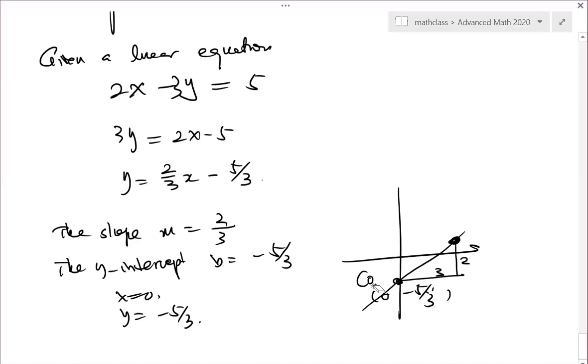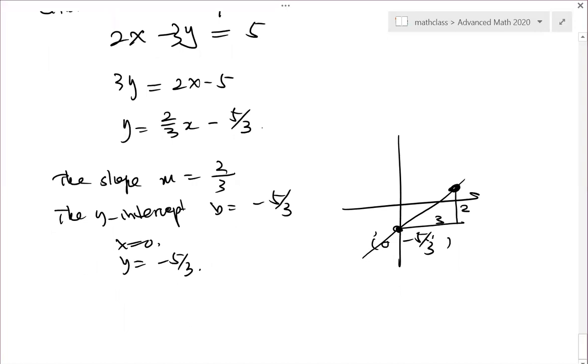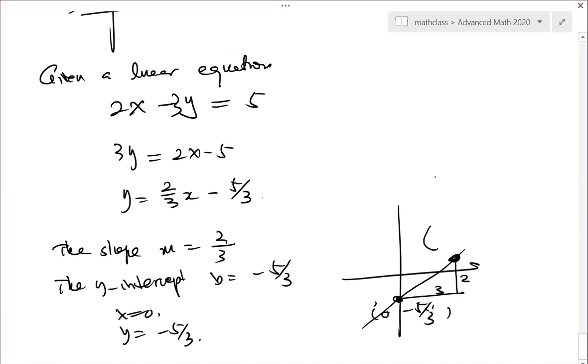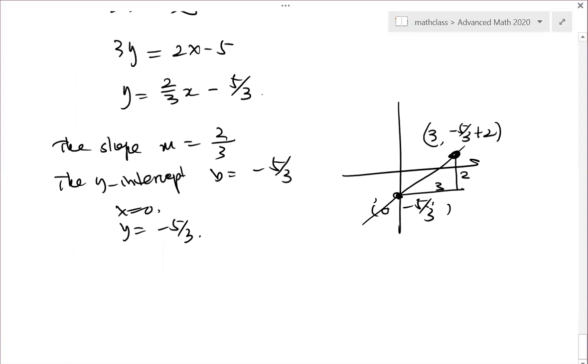Let's get another point on the line: you increase x by 3, and increase the y value from negative 5 over 3 by 2. This is the coordinates of another point. So that's the linear equation and the line.